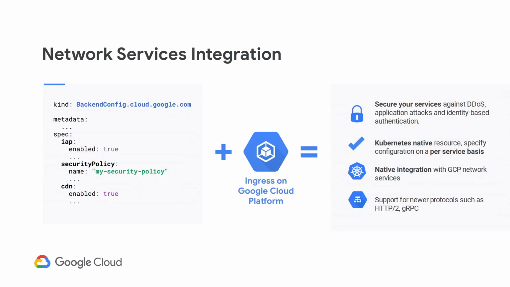You also can use identity-based authentication at application granularity for your internal apps. Backend config is a Kubernetes native resource which ensures that services are a first-class concept when it comes to these settings. And all of these are integrated natively with our GCP network services. Moreover, you can use modern protocols like HTTP2 and gRPC.